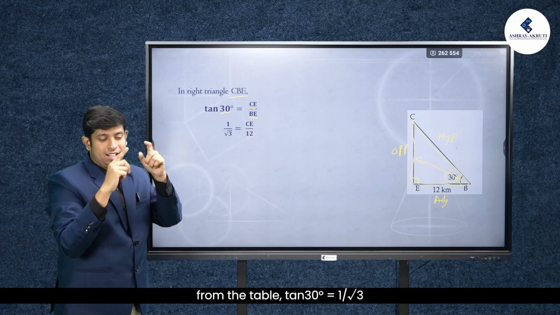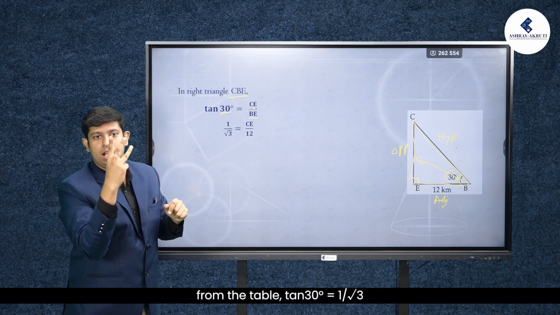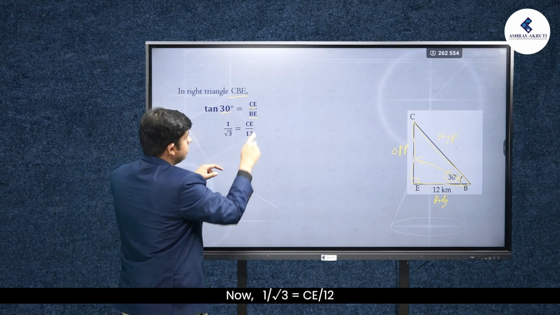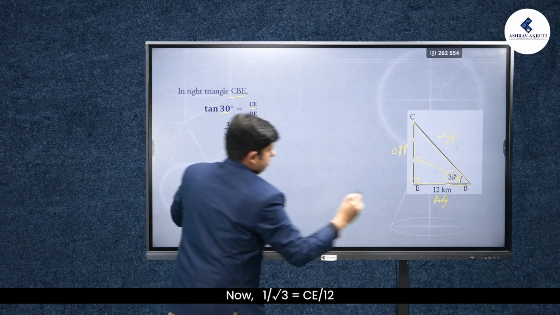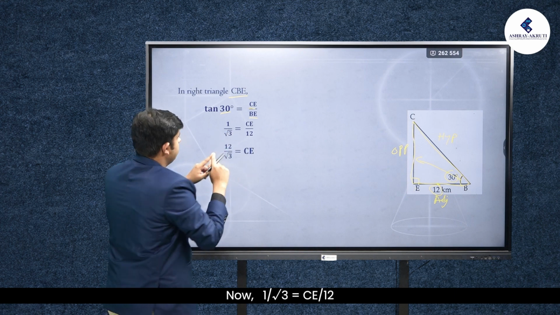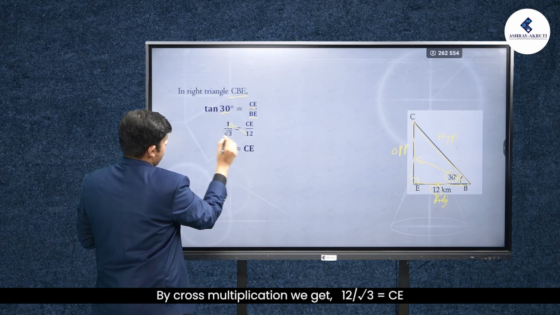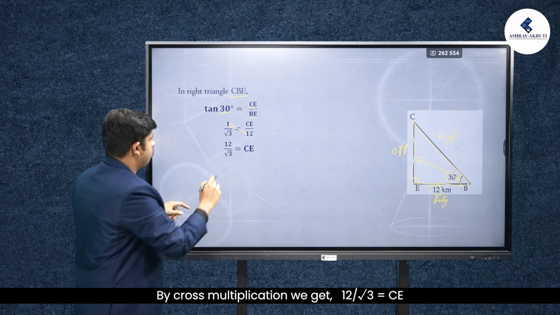From the table, tan 30 degrees is equal to 1 by root 3. Now 1 by root 3 is equal to CE by 12. By cross multiplication we get 12 by root 3 is equal to CE.